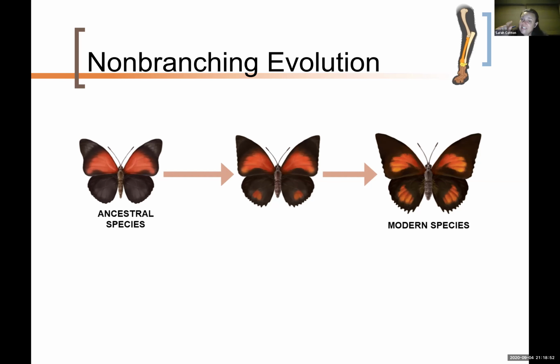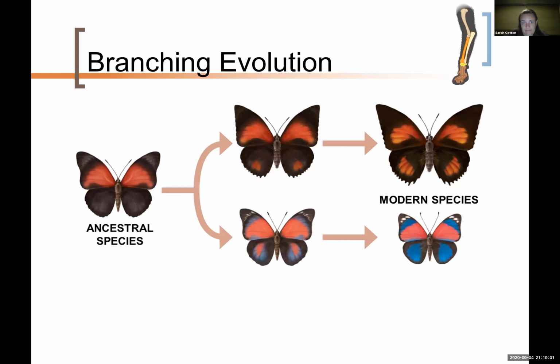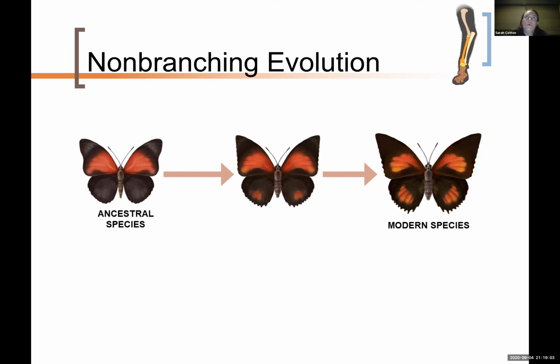One last little thing I want to talk about, and then we're going to take a break and have a different video. Before we move to a different topic, one other thing that's kind of interesting is this idea of whether evolution is branching or non-branching. Sometimes a population of some organism or species undergoes gradual change over time.